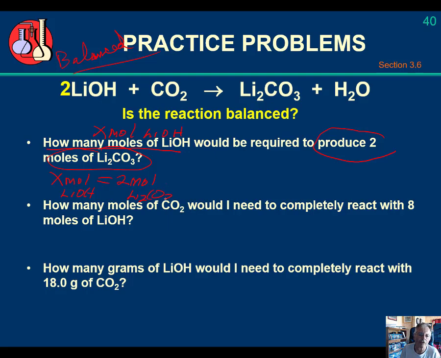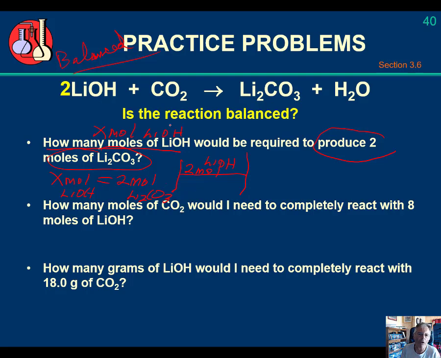Now, my X factor is lithium hydroxide, so when I put together my mole-to-mole ratio, all I have to do is go up, see the coefficient of lithium hydroxide. It's in moles, so that's going to be 2 moles of lithium hydroxide.